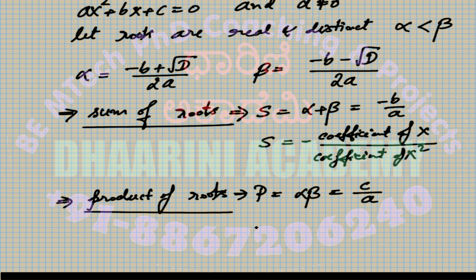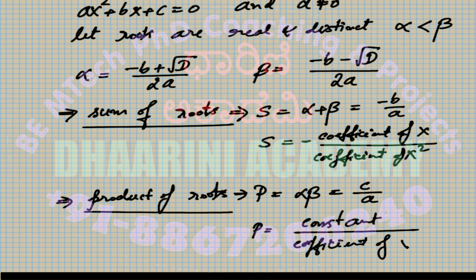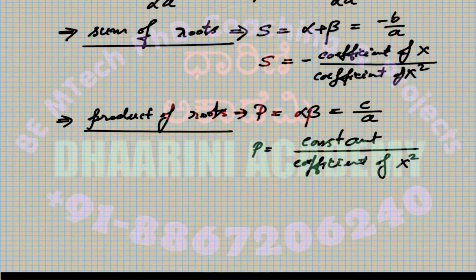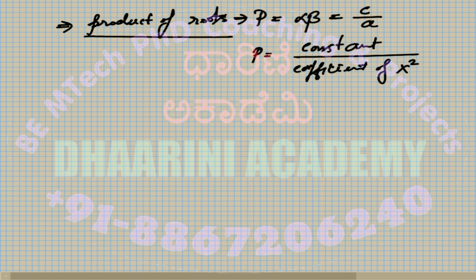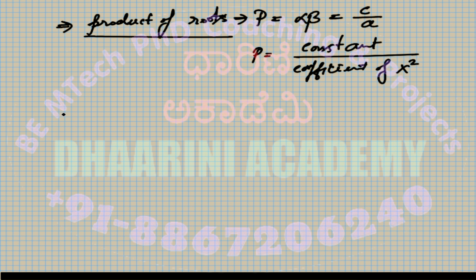So what is the product? Product can be calculated as the constant term in the equation divided by the coefficient of x squared. All right, so we know how to find the sum of the roots, how to find the product of the roots. Then we can also calculate the difference of the roots.